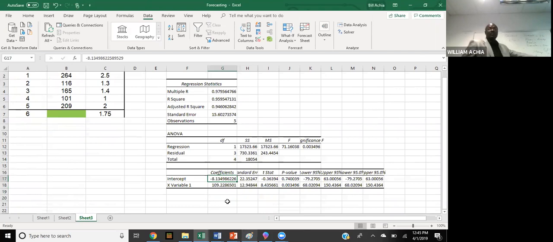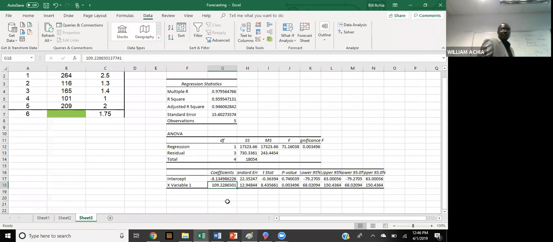Next, we want to find the slope, which is given just below that. The x variable 1 gives you the slope as 109.23 multiplied by your 1,750. Okay, and this here is going to give you your solution to what your forecast is going to be for month 6.